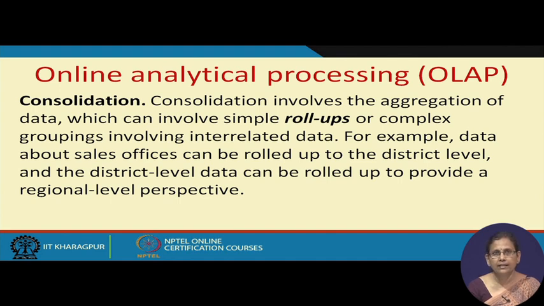This online analytical processing has queries called OLAP queries, which are different from SQL queries, because in a two dimensional database we have SQL queries, while in case you have a multidimensional database, you can run these OLAP queries. There can be various categories of OLAP queries. The first one is consolidation.